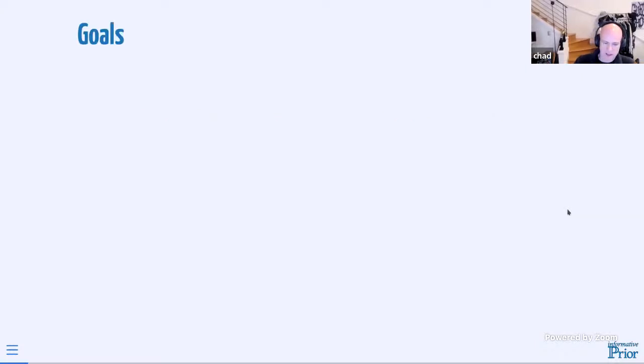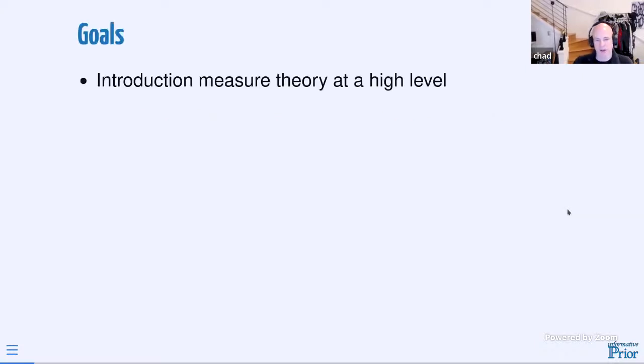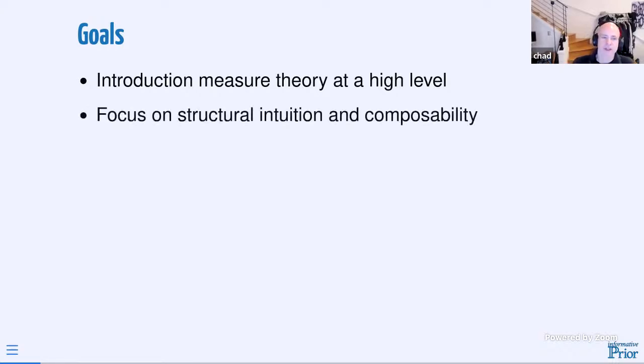So let's jump right into it, talk about the goals for this talk. I want to introduce measure theory at a pretty high level. Some of the very technical details that don't contribute to our main goal, we're going to sweep under the rug, though I'll try to mention them at least very briefly as we go past them. The focus is going to be really on building structural intuition and seeing the kind of composability that we can have in a system like this.